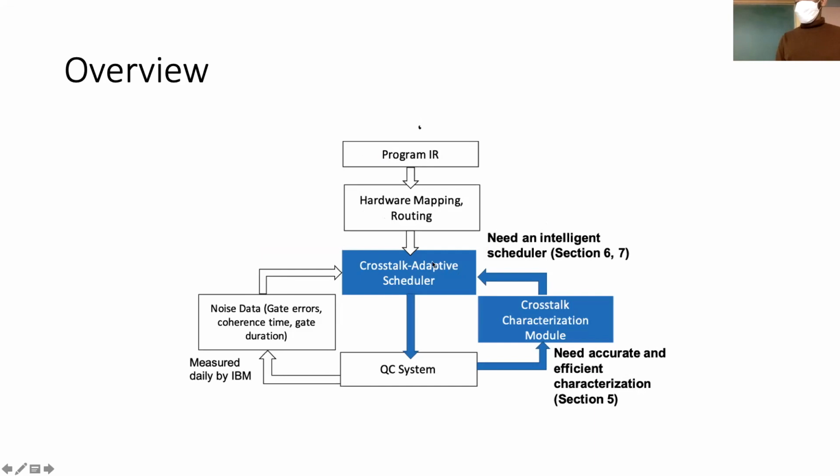Since we have a problem of decoherence and crosstalk, this is handled with the module proposed by this paper. It's a crosstalk adaptive scheduler, and we need some characterization from the QC system in order to use this module. So this is the overall execution of the program.